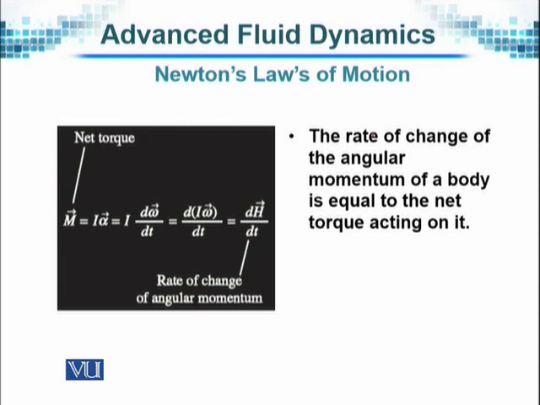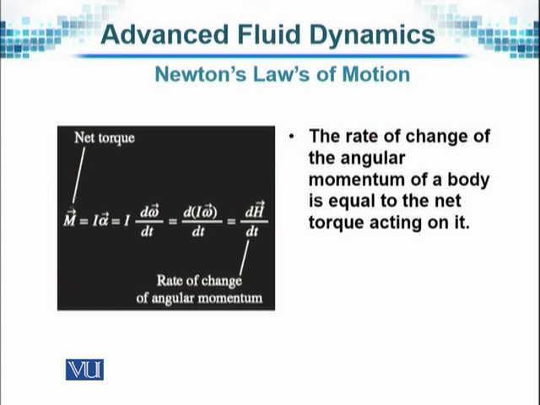The rate of change of angular momentum of a body is equal to the net torque acting on it. It's very similar to what we consider in a linear motion. The only difference now is that it is being considered in a rotational motion, about the axis of rotation.